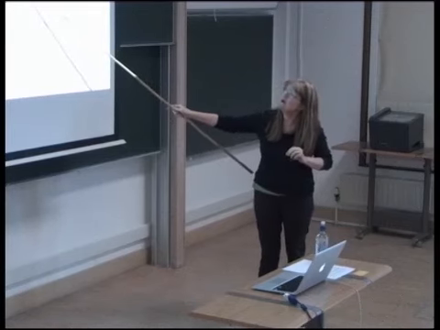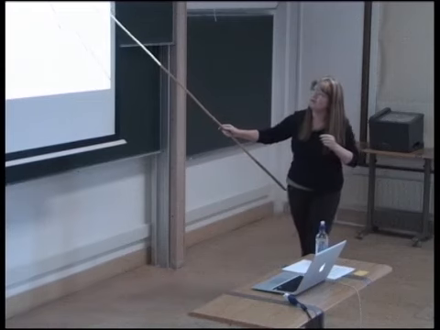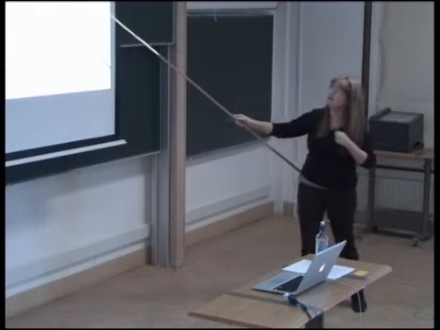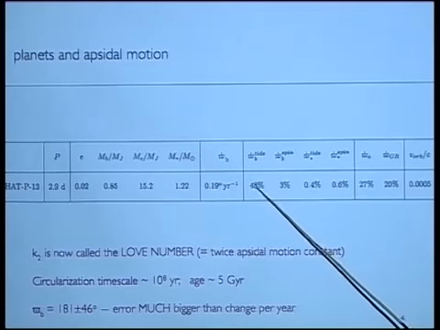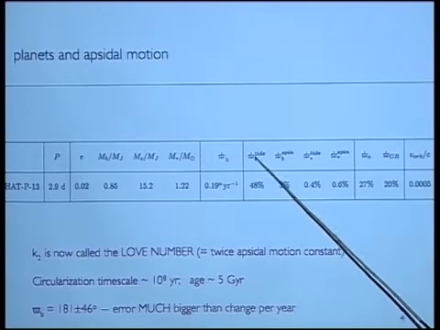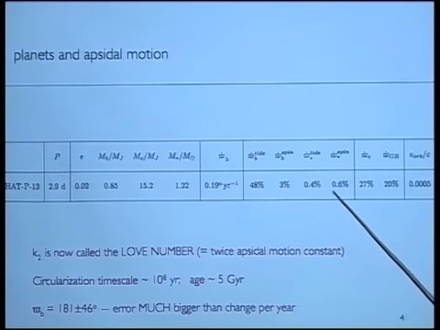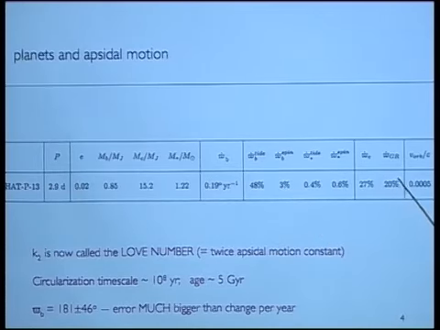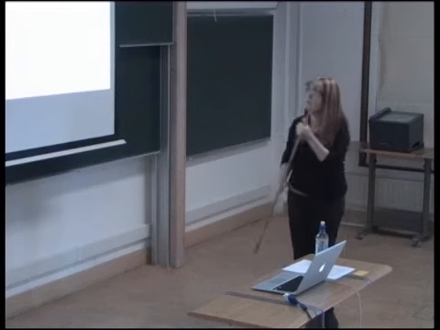Again, the tidal bulge, this is really important for the story later on. The tidal bulge contributes half of the apsidal motion, and the relativistic potential of the star contributes quite a lot too. And this one here, Omega_c, is the contribution to the apsidal motion of the inner planet from the outer one.